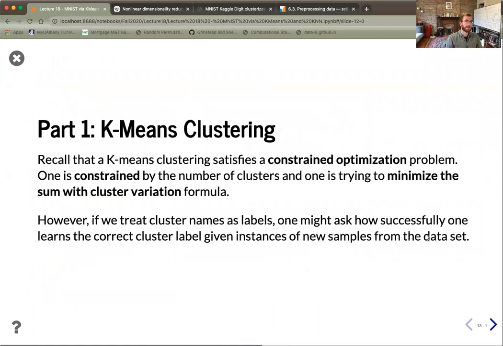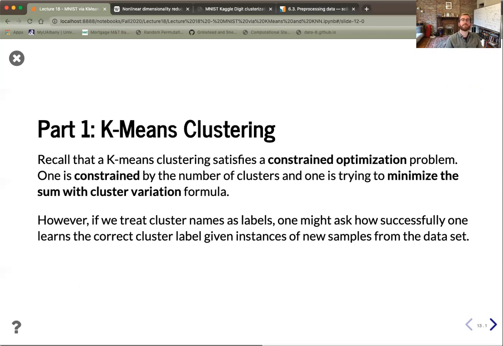Just as a reminder, remember that K-means clustering was a solution to a constrained optimization problem. We defined this notion of variability within a cluster, and then we summed up this variability to give a dissimilarity notion of a clustering. And the task was to partition our data in a way that minimizes this function.